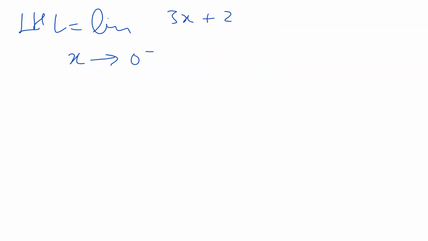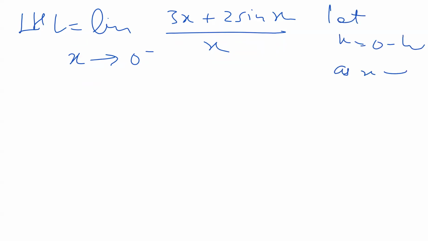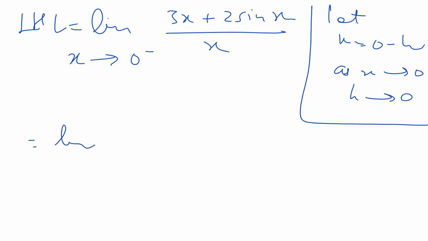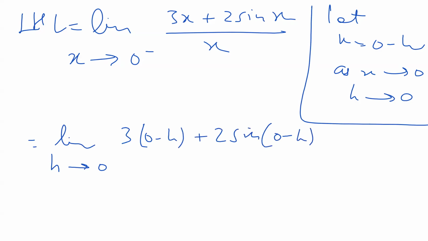So 3x plus 2 sine x upon x. So let x is equal to 0 minus h. As x approaches 0, h will also approach 0. So limit h approaches 0, 3 into 0 minus h plus 2 into sine of 0 minus h upon 0 minus h.